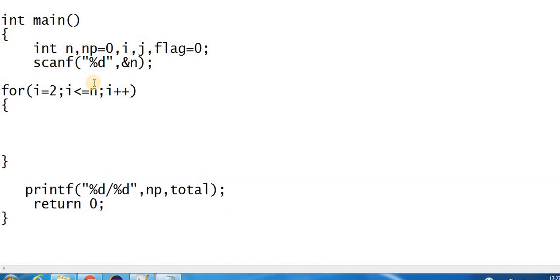And we should find the prime number, which has only 2 factors, 1 and the number itself. So we'll check the factors starting from 1 to the number itself.